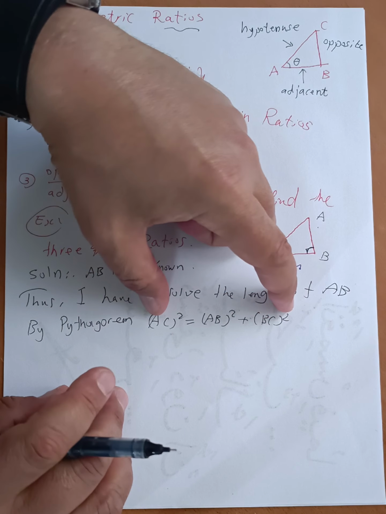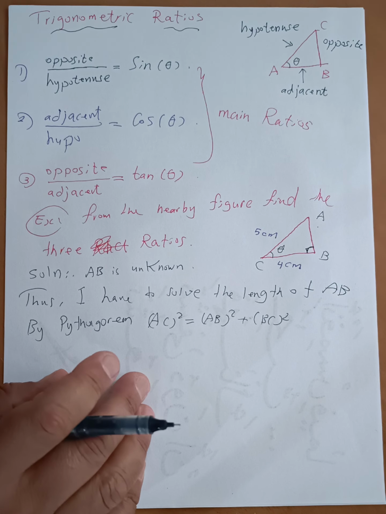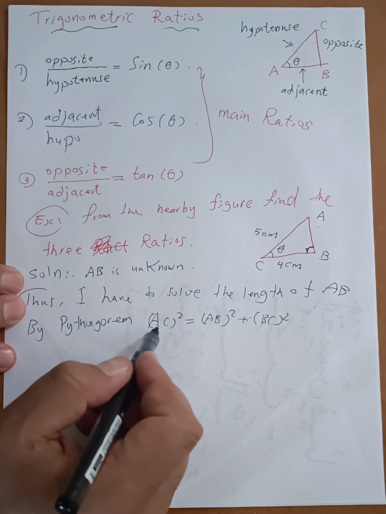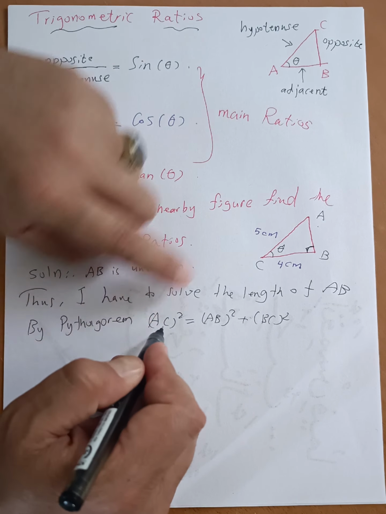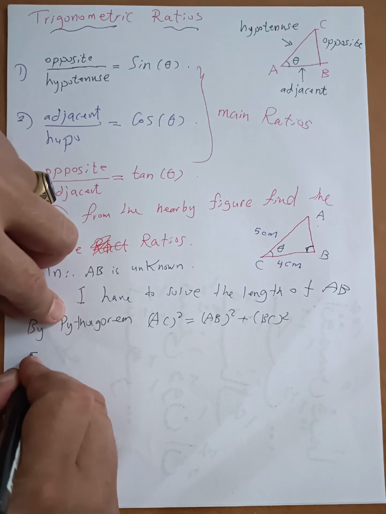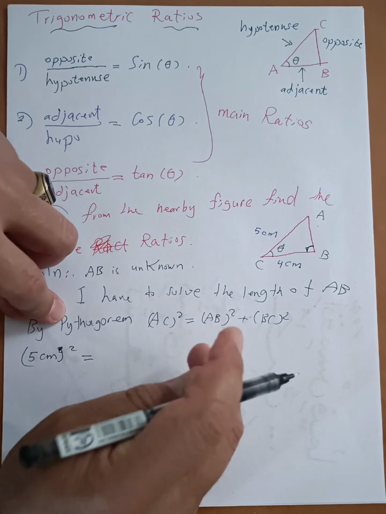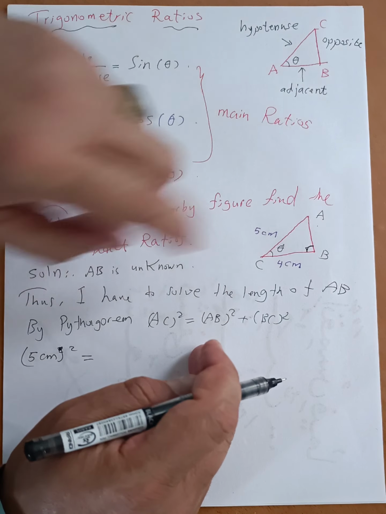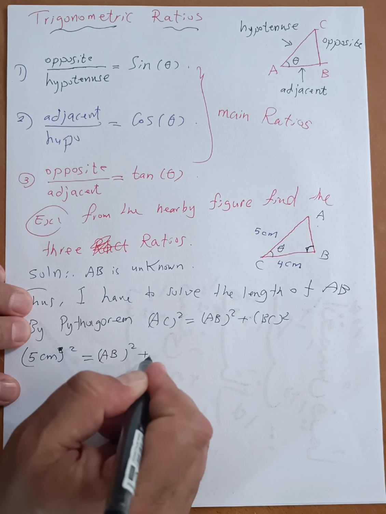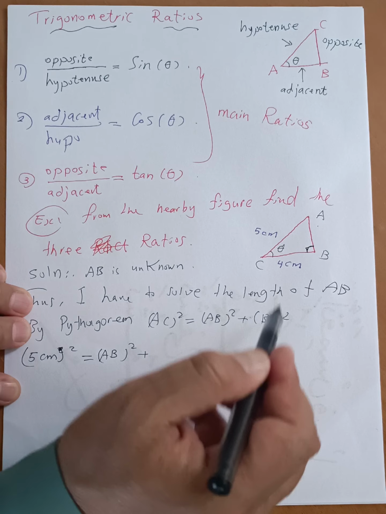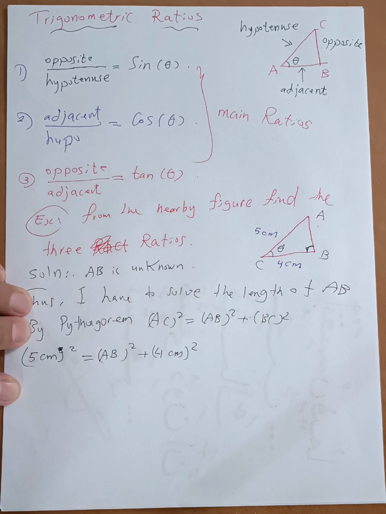By this law, I can find the missing leg in this triangle. Now I will substitute all the lengths. AC is 5 centimeters, all squared, plus AB, which is unknown, AB squared, plus BC, BC is known, centimeters squared.